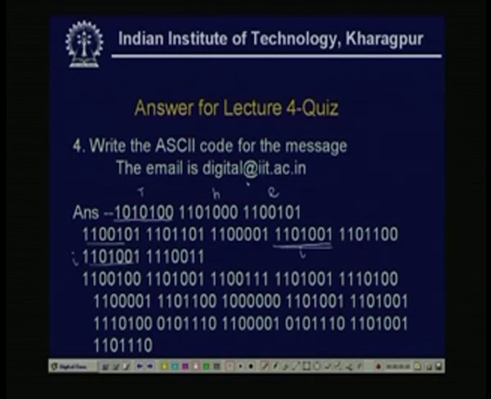Now, this is @. This 7-bit number is the actual ASCII code of @. Similarly, this is IIT and this is my dot.